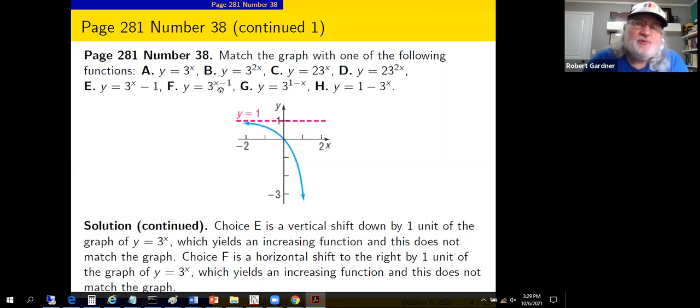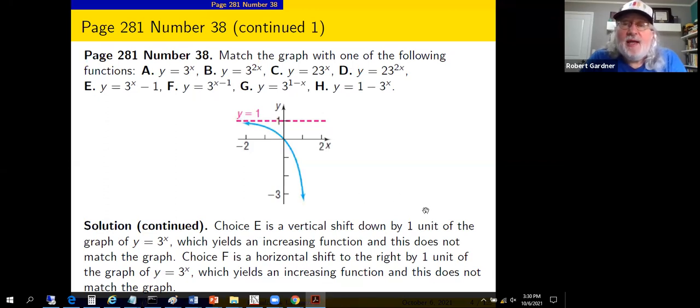We replaced x with x minus h. Anyhow, all we've done is taken the exponential function 3 to the x and moved it horizontally 1 unit to the right. Even if you messed up and thought it was 1 unit to the left, still that'd be an increasing function. And this is not an increasing function. So it can't be F.